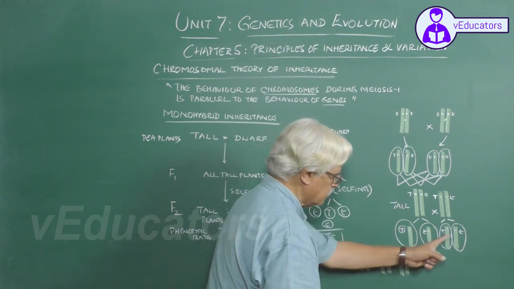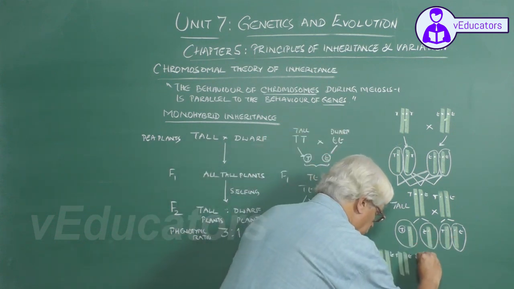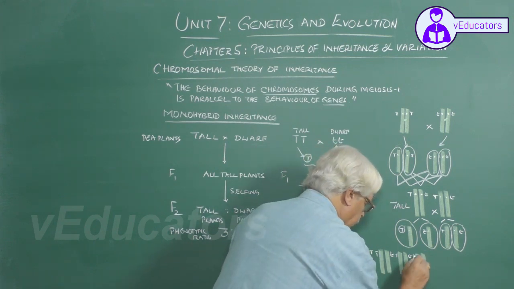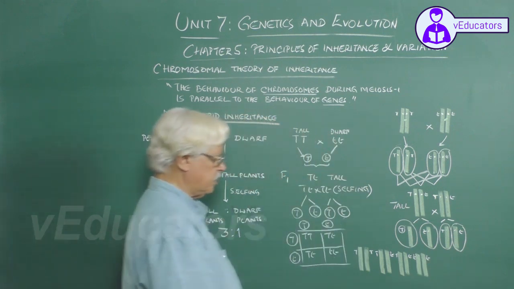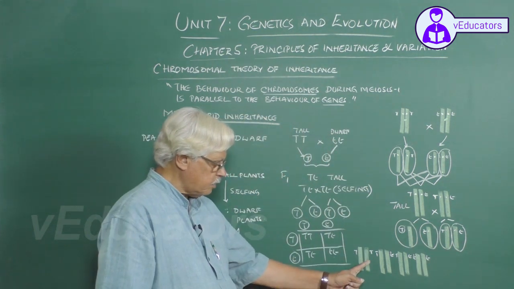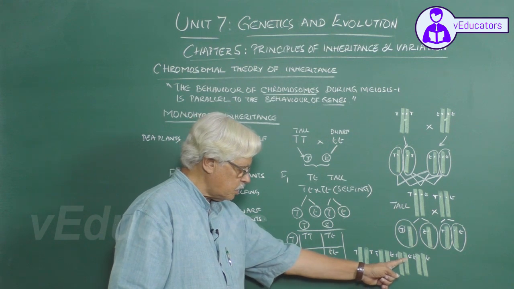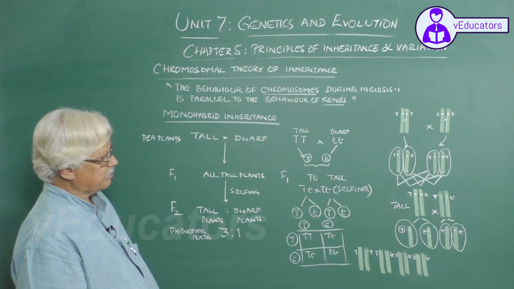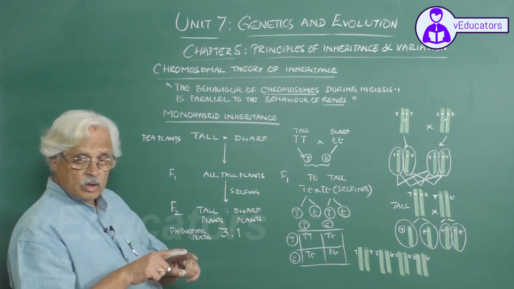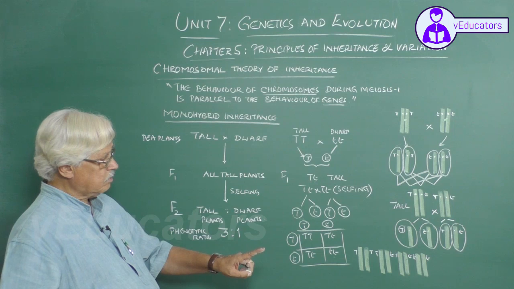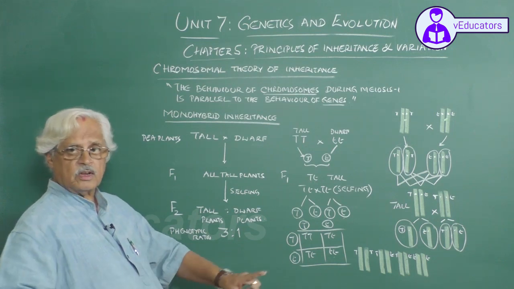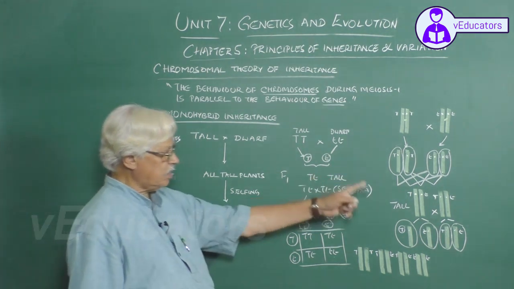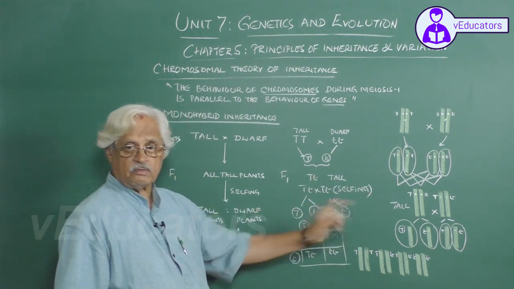And when this gamete fuses with this gamete, it will be small t, small t. This is homozygous tall plant, heterozygous tall plants, homozygous dwarf plant. So it is the chromosomes that are segregating, therefore the genes present on them are also segregating. This is how chromosomal theory explains the idea of segregation.